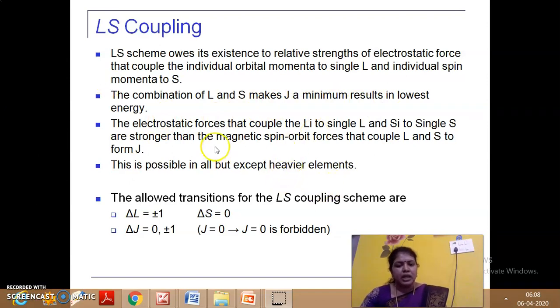Now, the electrostatic forces that couple the individual L and individual S are stronger than the magnetic spin-orbit forces. Therefore, in such atoms, LS coupling is the rule. So, all possible elements undergo the LS coupling scheme except for heavier elements, and the selection rule for transition is del L is equal to plus or minus 1, del S is equal to 0, and del J takes up 0 or plus or minus 1.